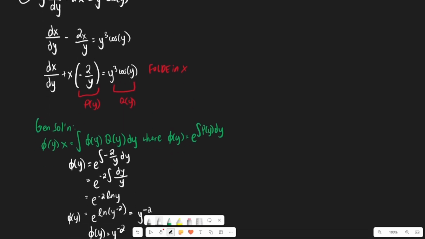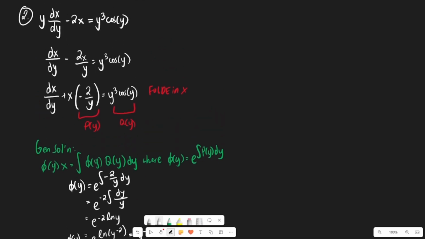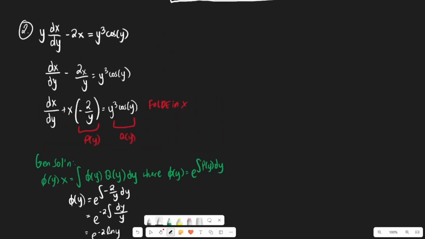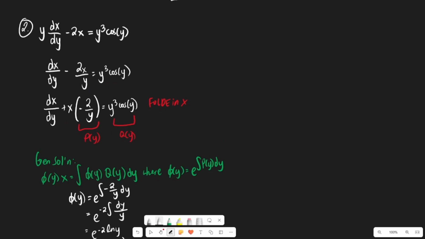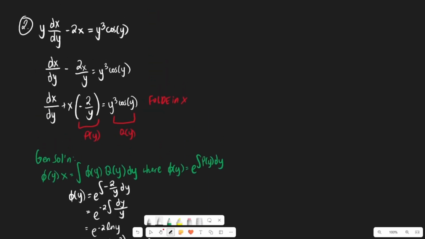Now that we have phi, let's substitute that to our general solution formula. We have phi of y is y raised to negative 2.